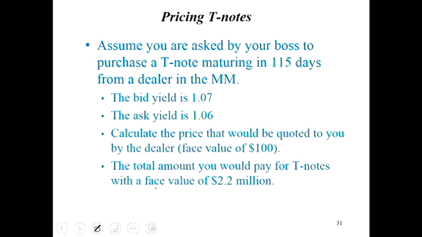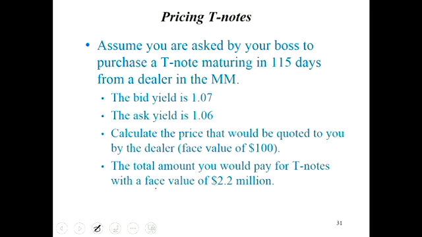Because the ask price is the dealer willing to sell. The bid price is the investor willing to buy. Okay, so the ask, basically, if you think about it, because this thing has to be turned into a price, this is his price.